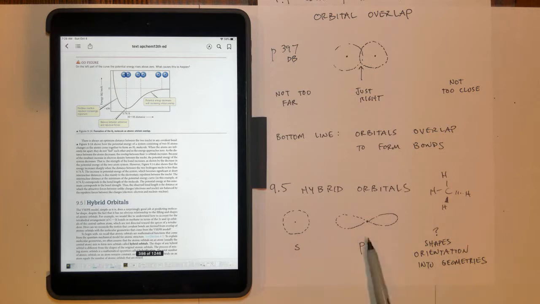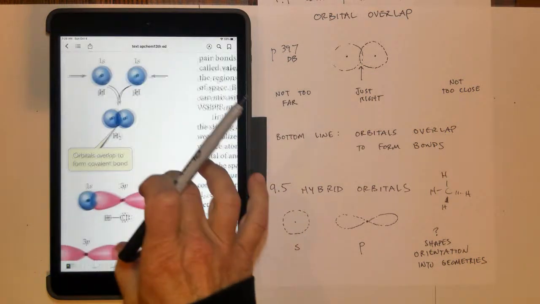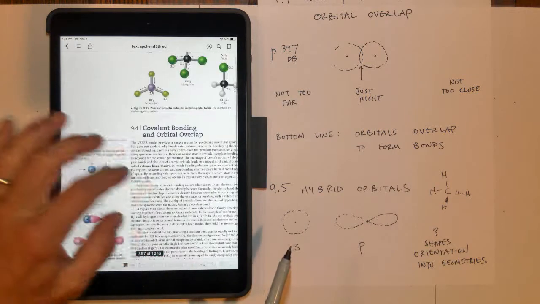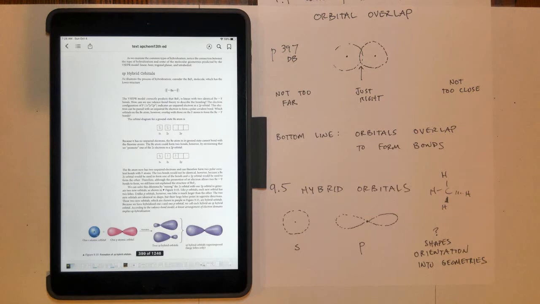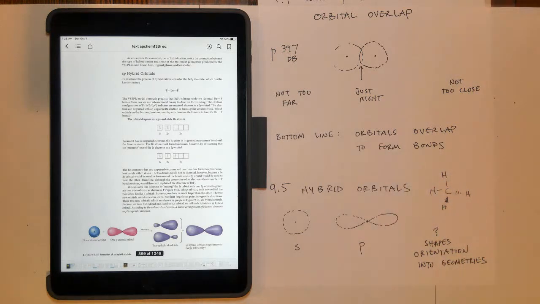Well, it turns out that these s and p orbitals, when they have to overlap, would be like a blob, like we showed right here. And so it'd be hard for it to orient itself, and we've got all these other electrons on the inside right here. And so the electrons that undergo the bonding actually undergo what's called hybridization. That means that the electrons in the outer valence shell, the s and p orbitals, combine.